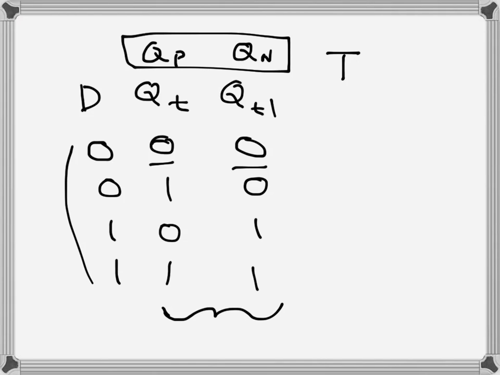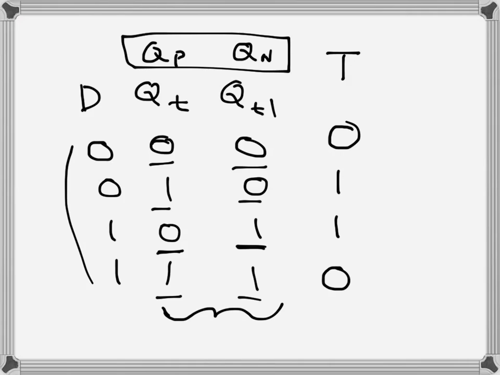That means T input will be 0 because there is no change. For the second one, present state is 1, next state is 0. That means it has changed, so T input will be 1. The third one also has changed from 0 to 1, so the input will be 1. For the last one, both are 1. That means no change, so T input will be 0.